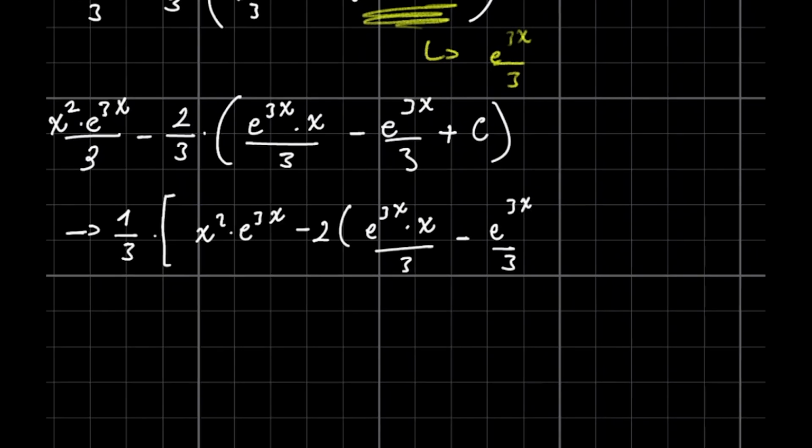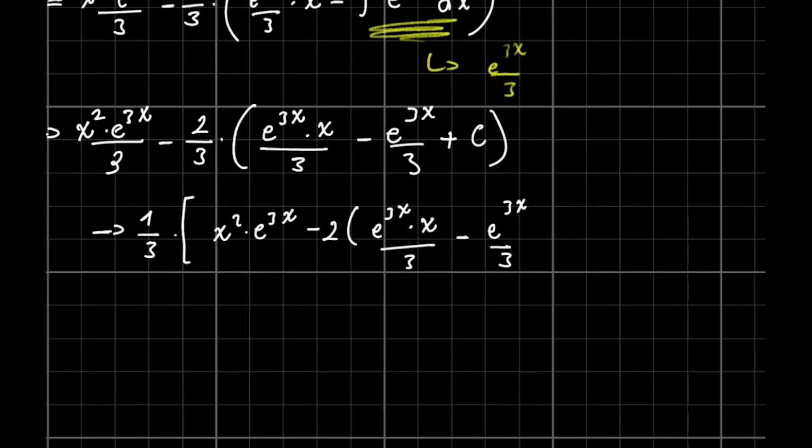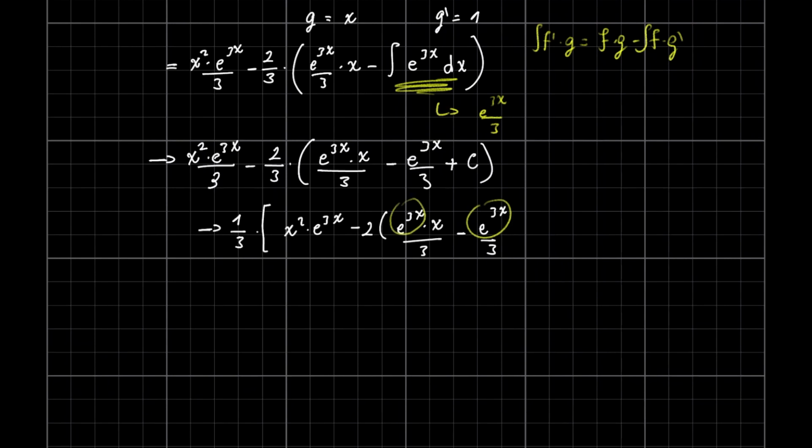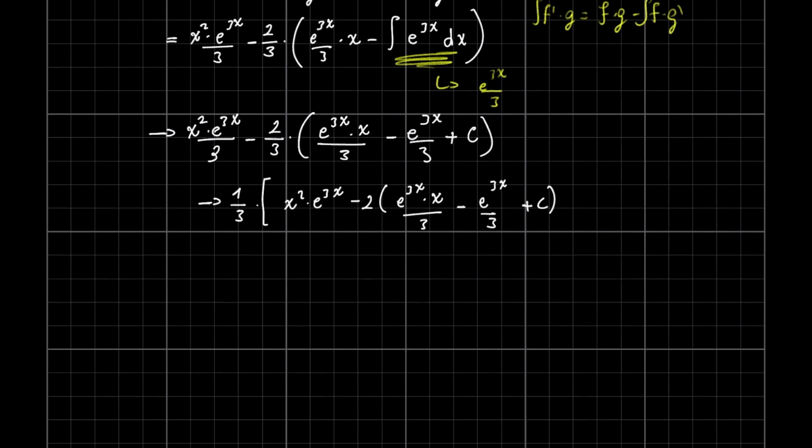And here I can already factorize e to the power of 3x. So here plus c. And if you notice here, I can also factorize the 1/3. And that's not going to be a problem with the constant here, because if I multiply with a constant, or add to the constant, or divide, this is going to be a constant at the end of the day.